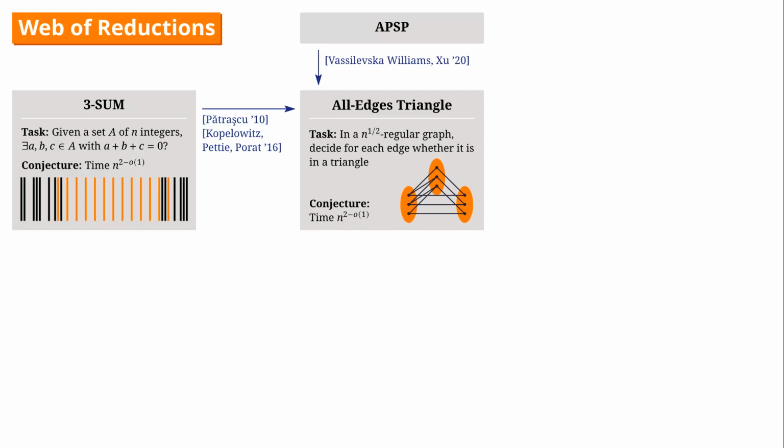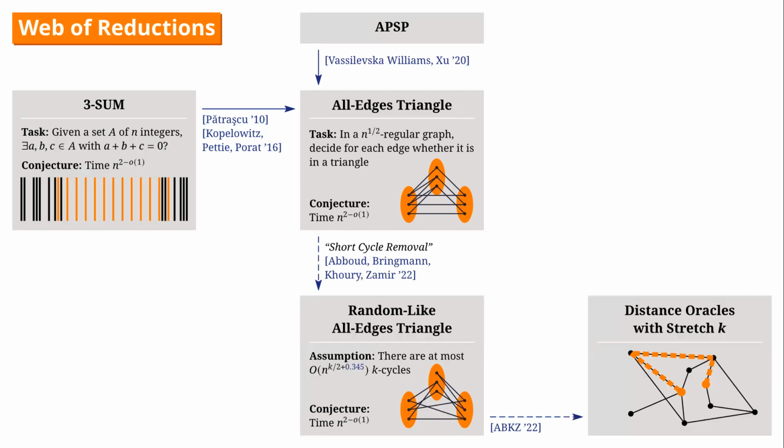Okay, so starting from this, in the predecessor paper, what happened was that the authors took this all edges triangle problem and transformed it into a very similar problem, which I call random-like all edges triangle here. And then they reduced random-like all edges triangle to distance oracles. Now, the crucial step here really is the reduction from all edges triangle to random-like all edges triangle, which is by a technique they call short cycle removal.